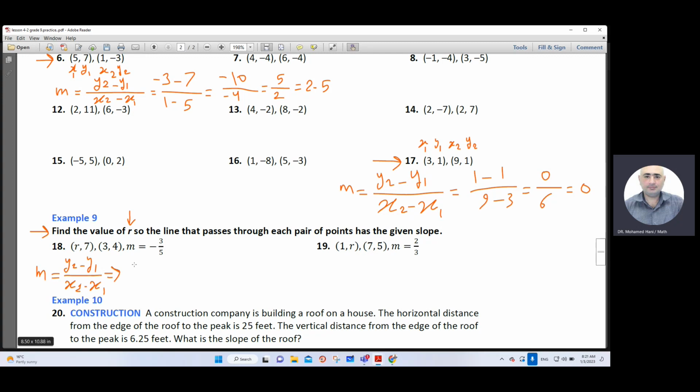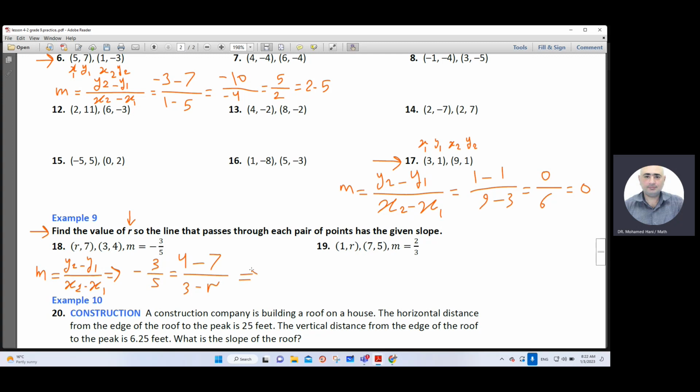What is the value of m? Negative 3 over 5 equals the value of y2, 4, minus the value of y1, 7, and down the value of x2, 3, minus the value of x1, r.